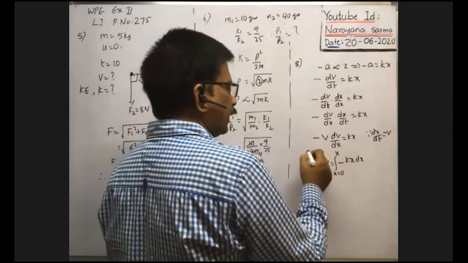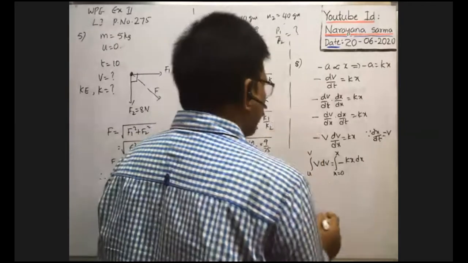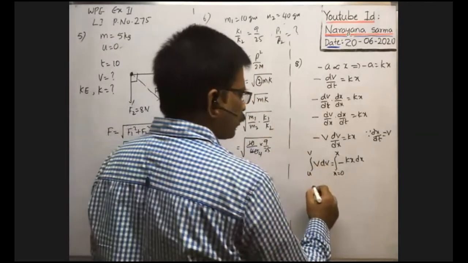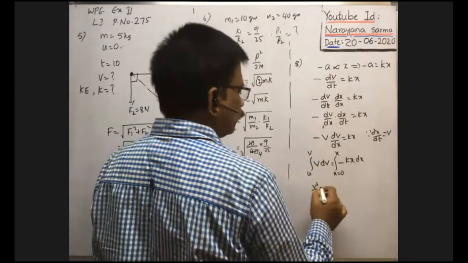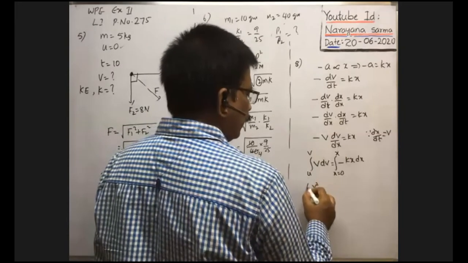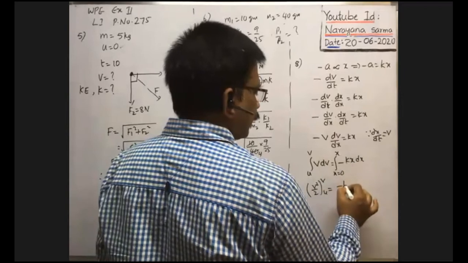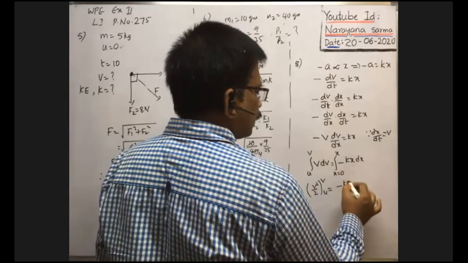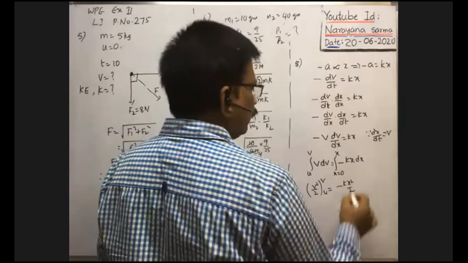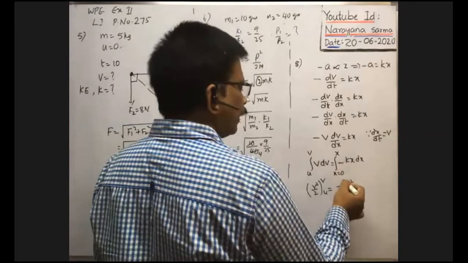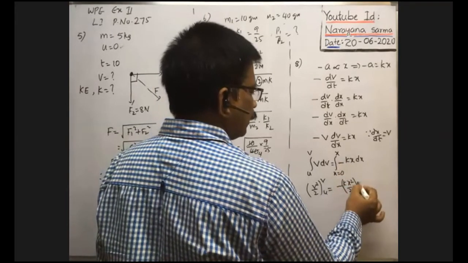After the displacement x, its velocity is say v. Now integral v dv means v square by 2, with limits u to v, is equal to minus k, which is constant, times integral x dx, which means x square by 2. Even when you substitute the limits, you will get the same.